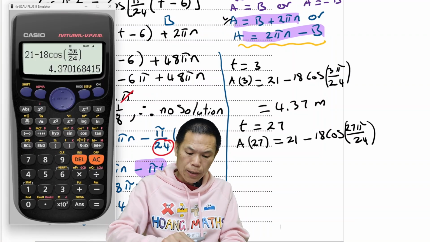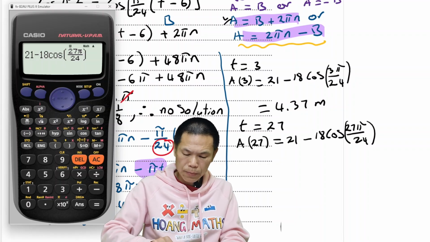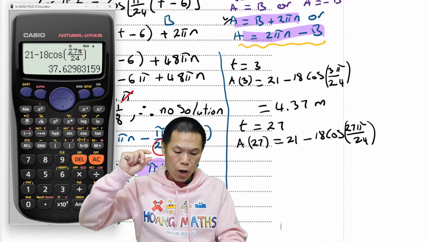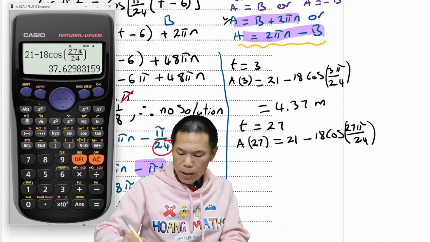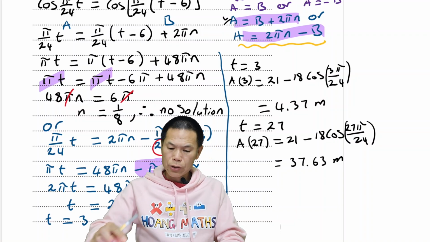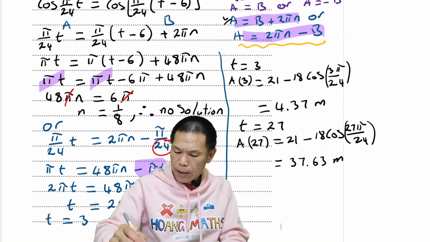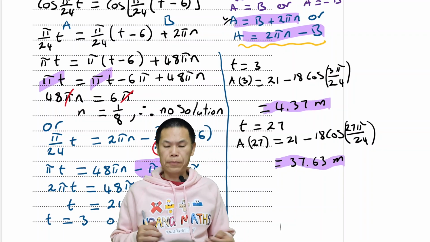So I should change this to 27. There you go, 37.63 meters. So therefore, the heights are this and this.